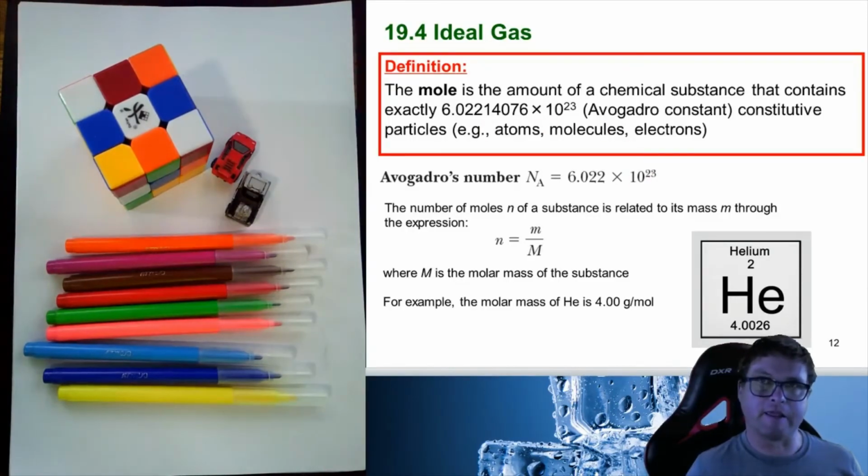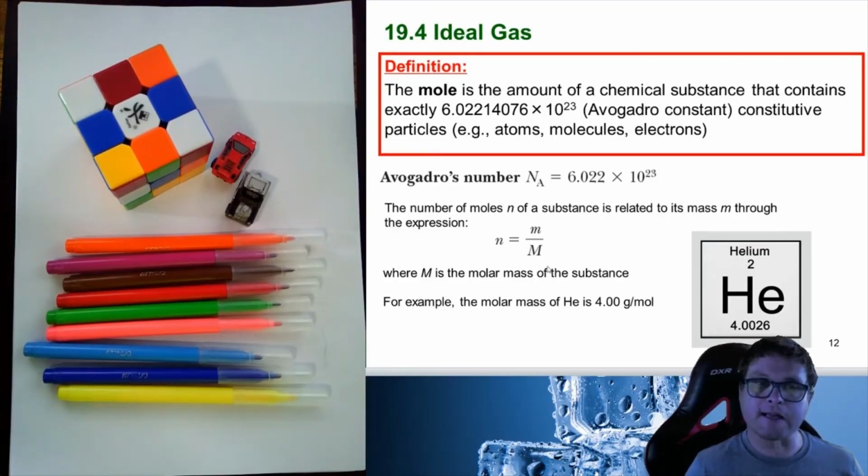Often it might be that we have a specific mass of material, and we would like to know how many moles it contains. And the way we do that is by making use of this expression. The number of moles N of a substance is related to its mass through the expression: the number of moles is equal to the mass that we have divided by the molecular mass.